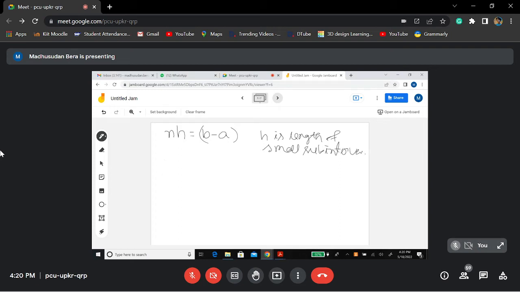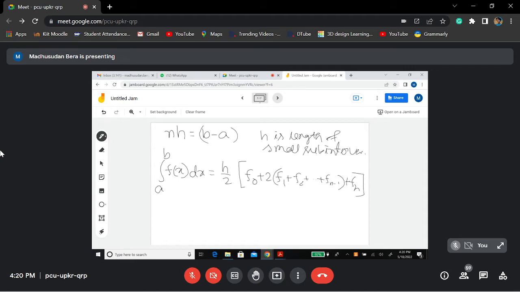Then a to b fx dx equal to h by 2 f0 plus 2 times f1, f2 up to fn minus 1 plus fn. This is the formula for trapezoidal rule.